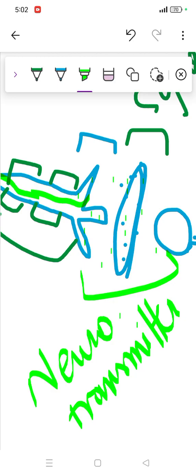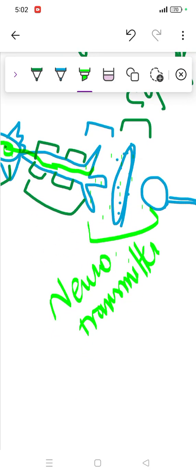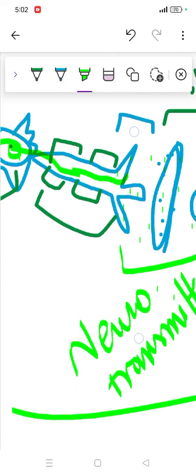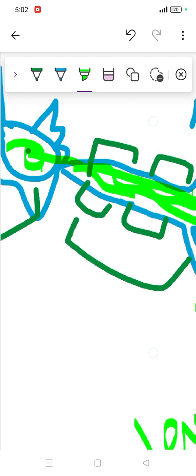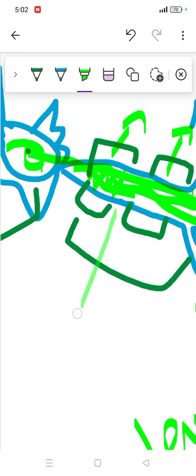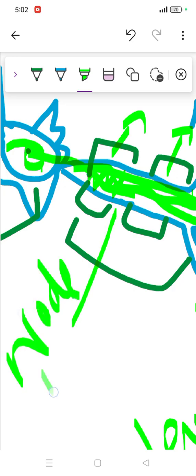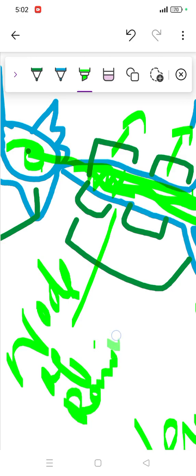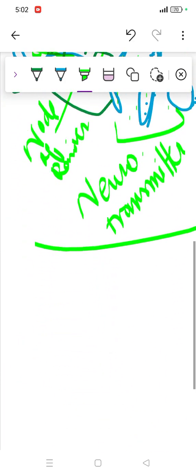So when the presynaptic membrane and the postsynaptic membrane combine, they form a structure which is simply called a synapse. Where there is myelin sheath, the production and flow of neurotransmitter becomes slow, because wherever the myelin sheath is present, they will not do such work. The remaining part is called the node of Ranvier. At that time they release a good amount of chemicals. So I hope it will be clear.